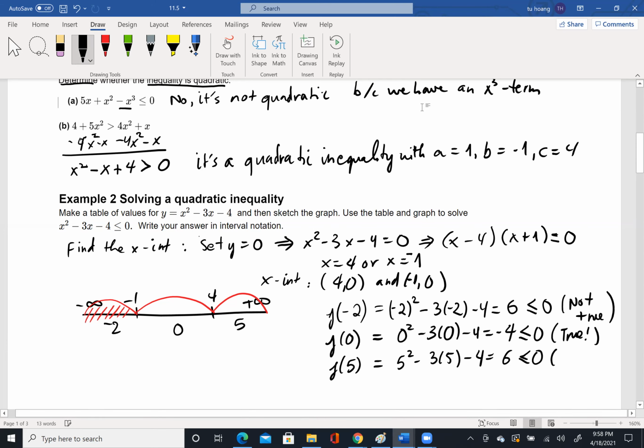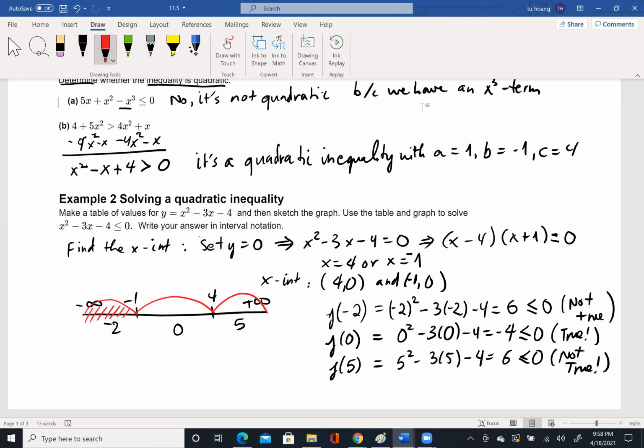Not true. So you don't take the interval over here. So there is only the interval between -1 and 4. -1 and 4 is going to be the solution. So the solution is this.